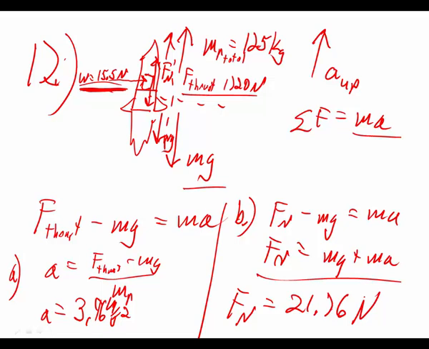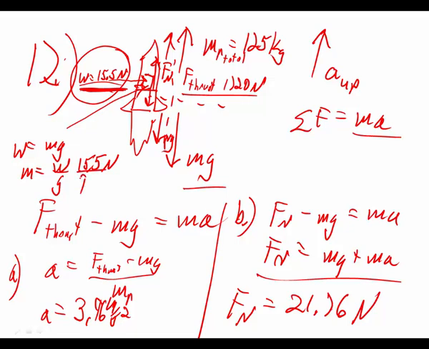Now, by the way, how do I find the mass of that box? Well, now notice it gave us that right there. And weight is what? Equal to mg. So mass is equal to weight divided by g, so 15.5 newtons divided by 9.8 meters per second squared.